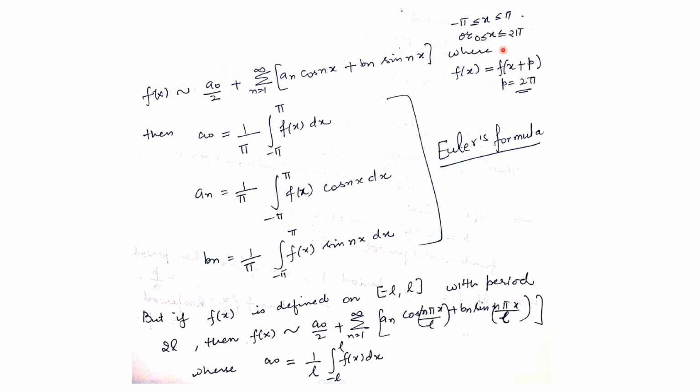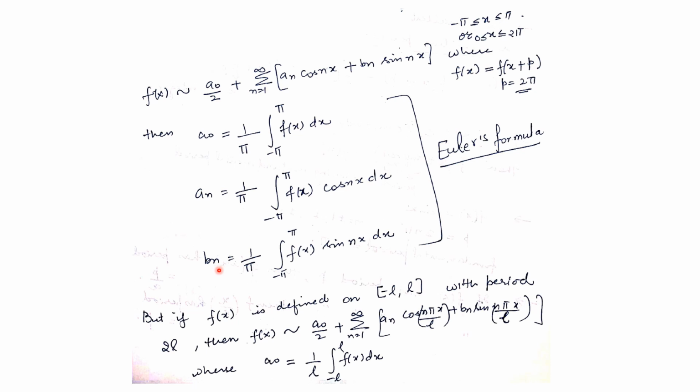So by finding the length of the interval, we get the period of the function. Okay, so our function is defined on the interval minus pi to pi. That means this function is periodic with period 2 pi, and given that this function is integrable, we can evaluate the values of a0, an and bn.